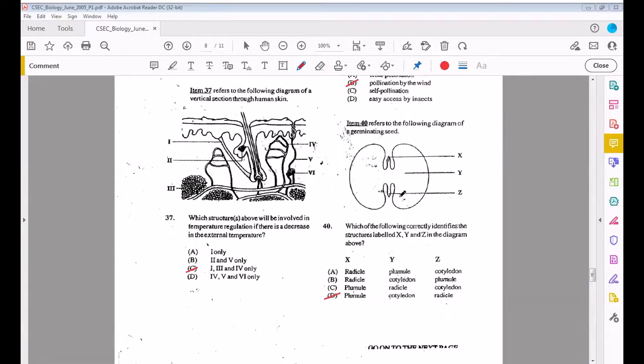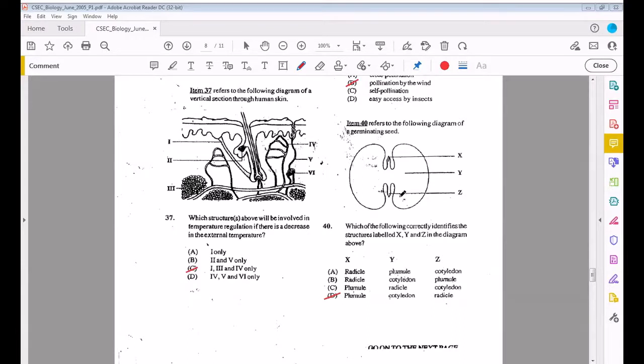37 refers to the diagram of a vertical section through the human skin. Which structure or structures above will be involved in temperature regulation if there's a decrease in external temperature? If there's a decrease in external temperature, then we know vasoconstriction is going to occur.